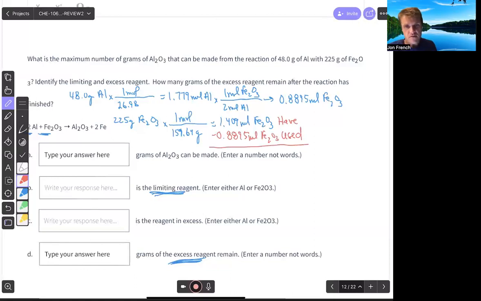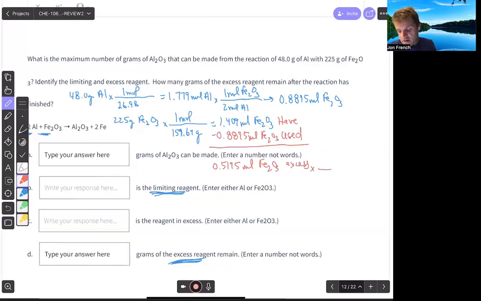So I subtract those two, and that gives 0.5195 moles of iron 3 oxide in excess. That's what we have. So sure, I'll answer the last question first.